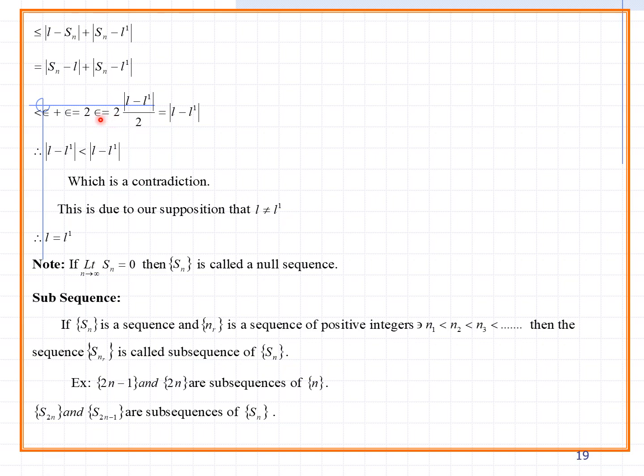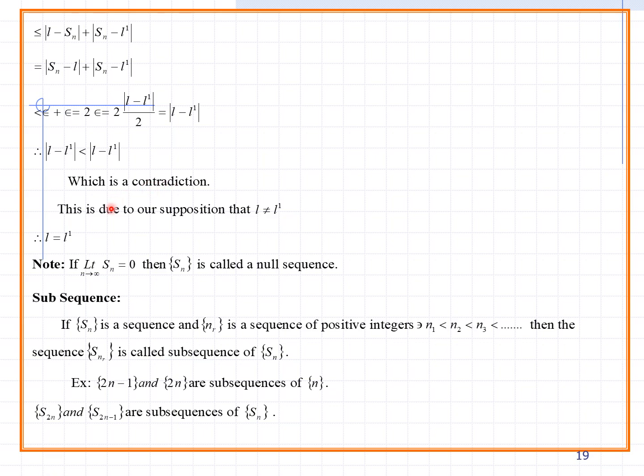So 2 into epsilon, which we already denoted, is modulus L minus L dash by 2. This is our assumed value. The 2s cancel and you get modulus L minus L dash. Therefore modulus L minus L dash is less than modulus L minus L dash, which is a contradiction. You took L not equal to L dash, but finally got modulus L minus L dash less than itself, which is a contradiction.